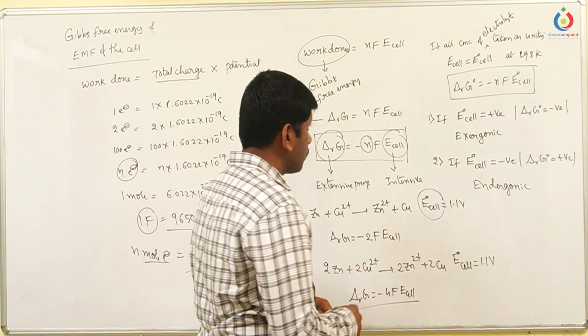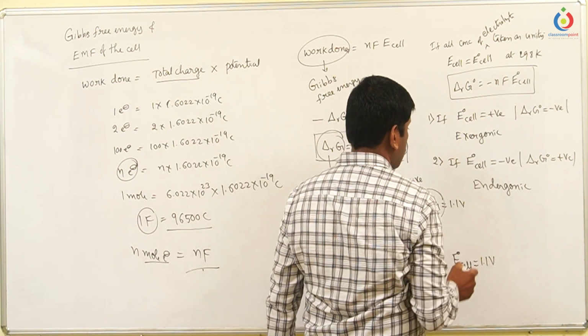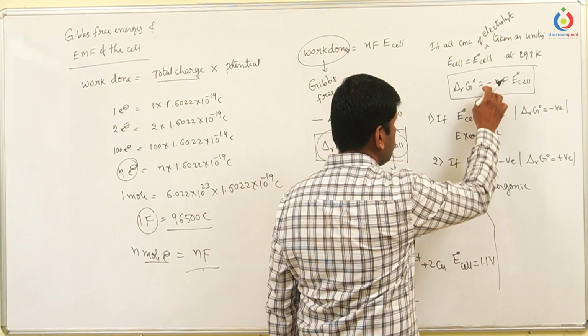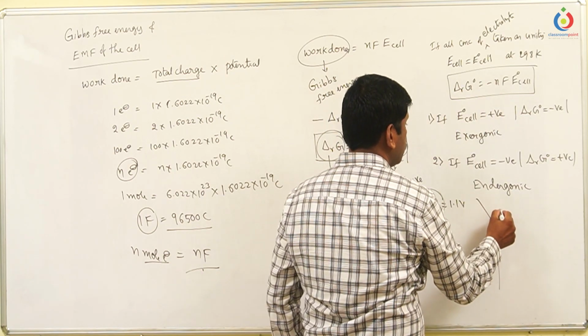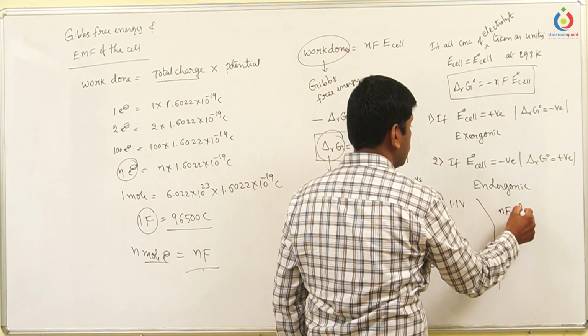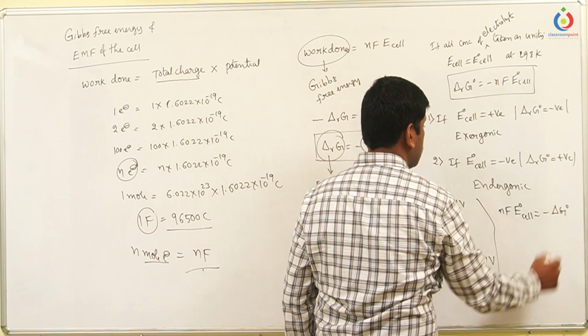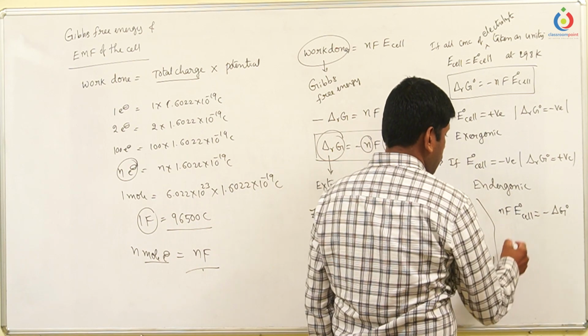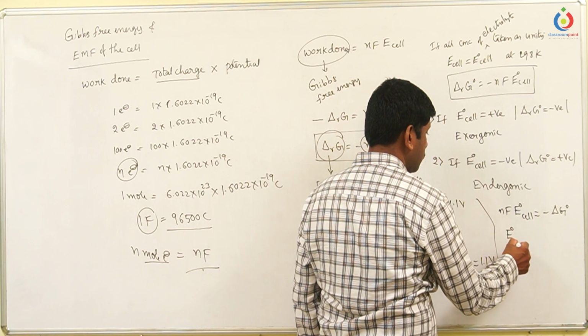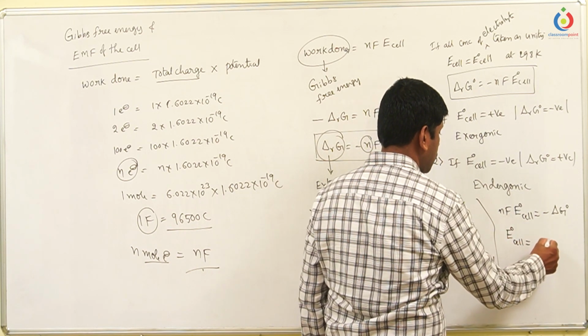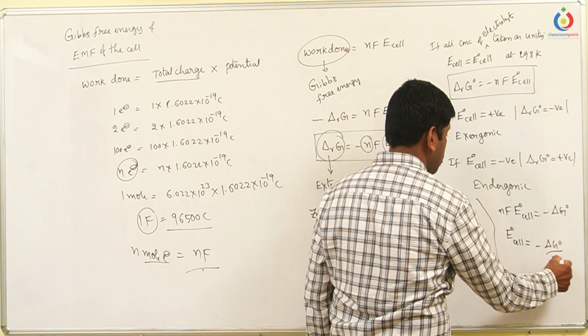Now from this we can write one more format, sending the negative value to this side. So nFE naught cell is equal to minus delta G naught. Now E naught cell is equal to minus delta G naught by nF.